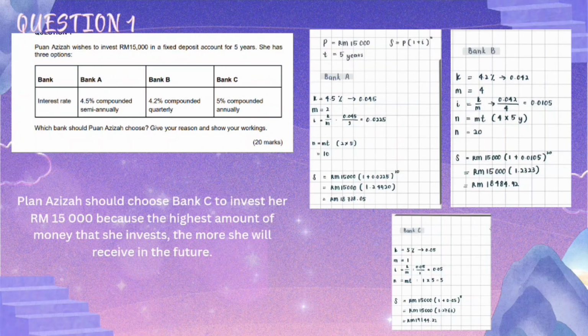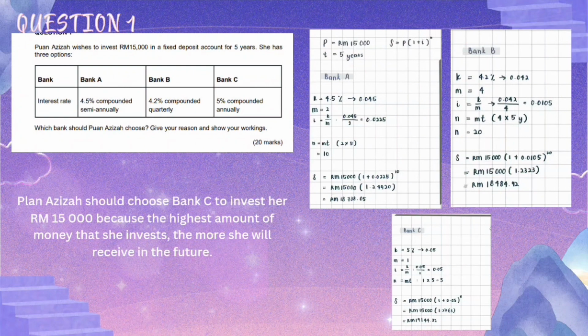In this question, we use the formula S equals P(1 + i)^n. From the question, we can see that RM15,000 is P, and t equals 5 years. For Bank A, P equals 15,000, t equals 5 years, k equals 4.5%, which changes into decimal 0.045. Compounded semi-annually means m equals 2.